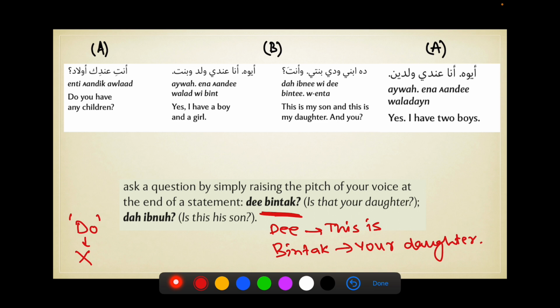But if you have to ask, is this your daughter? What you simply have to do is raise the pitch at the end of the statement. So what you will do is, you will say, di bintak? Di bintak? So now it will be a question.